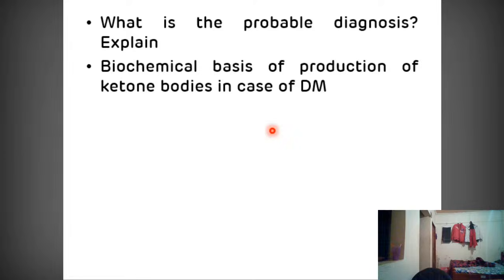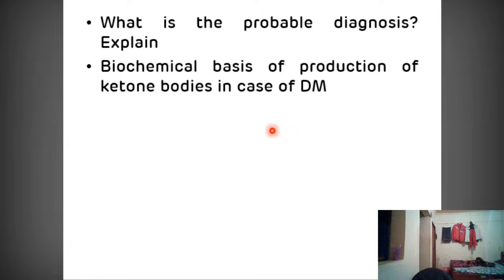Now, this acetyl CoA, generally, is oxidized via the tricarboxylic acid cycle, that is called the TCA cycle. Now, in diabetes mellitus, as there is insulin deficiency, oxaloacetate, which is required for the TCA cycle, is utilized more in gluconeogenesis. So there is a deficiency of oxaloacetate as well.